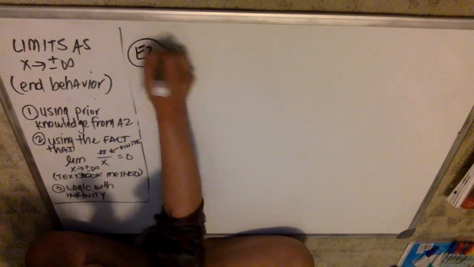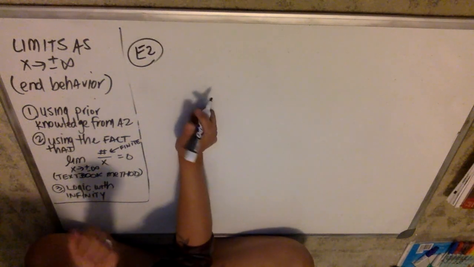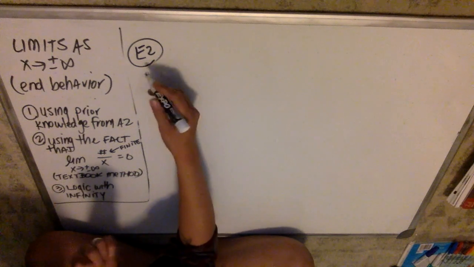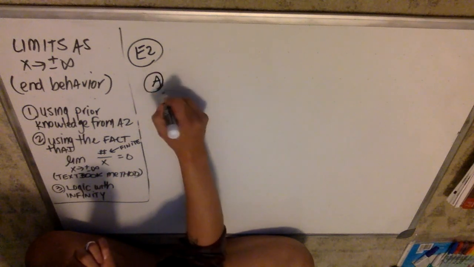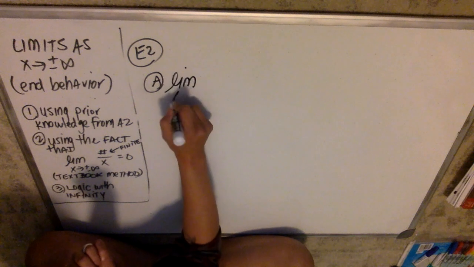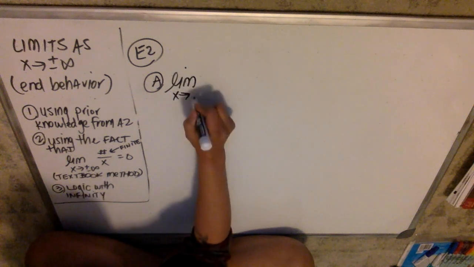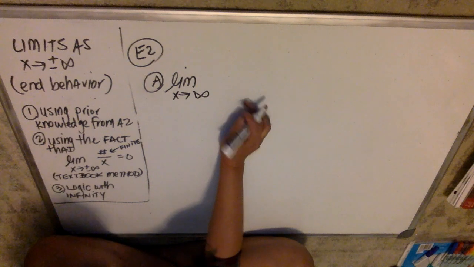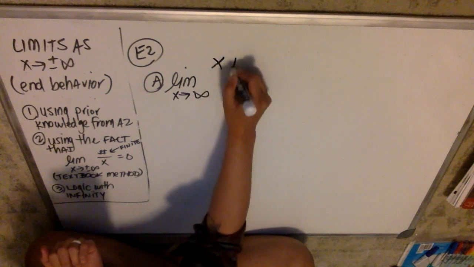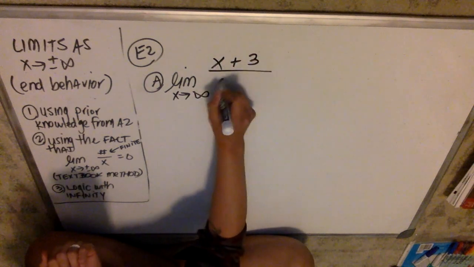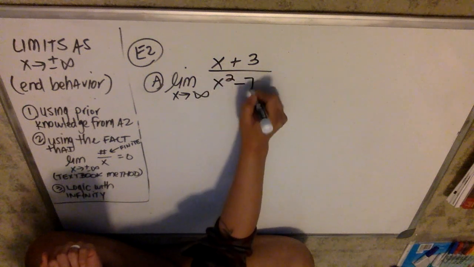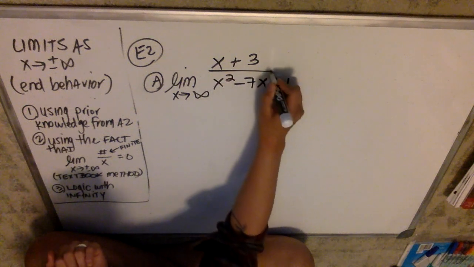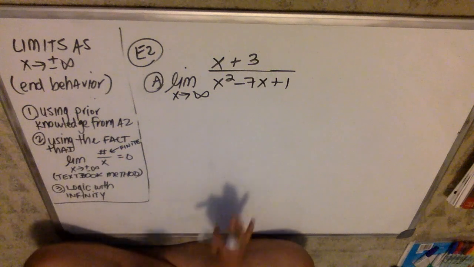Okay, so example 2. We're going to evaluate the limits. So let's do the limit as x approaches infinity of, let's do x plus 3 over x squared minus 7x plus 1. Okay. Now, some of you are probably looking at this.